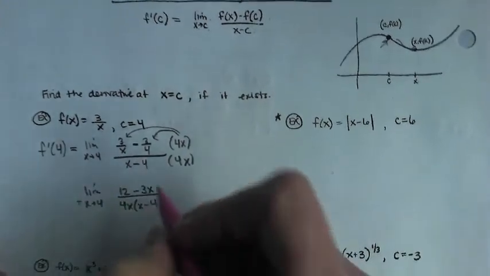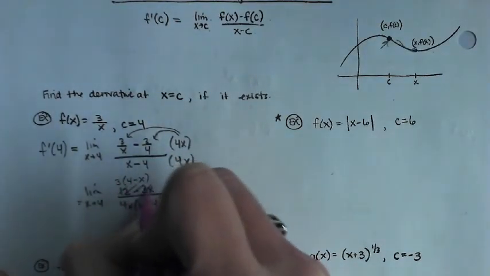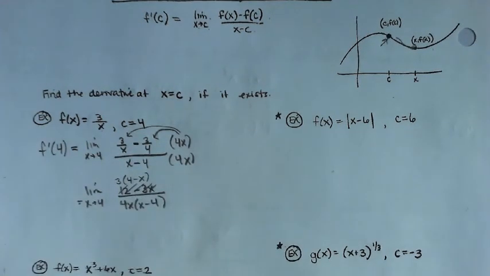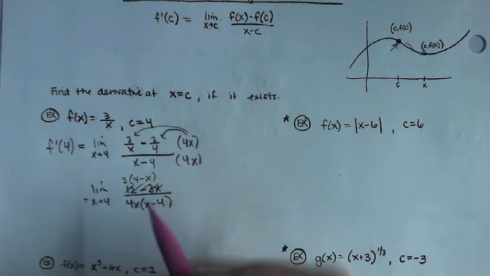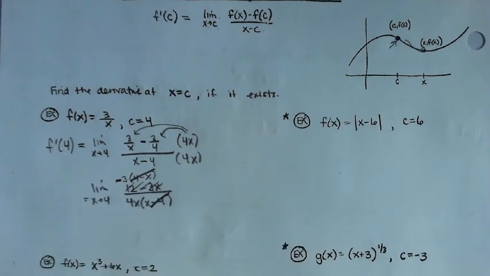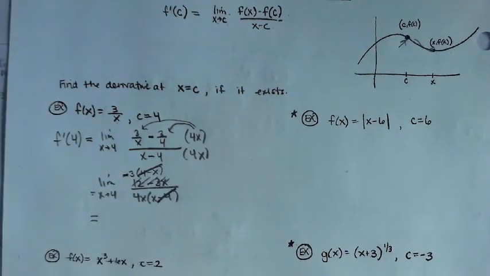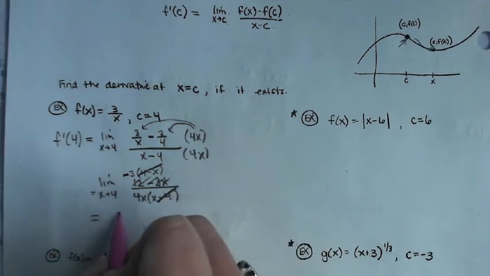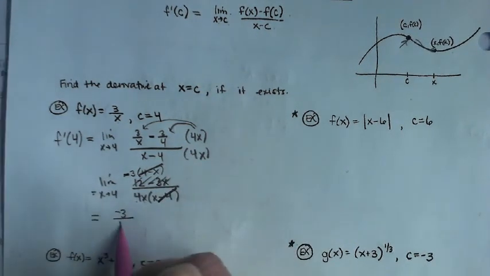I can take a 3 out of it, so it would be 4 minus x instead. And then the 4 minus x and x minus 4 can cancel to make a negative 1, so I'll just throw a negative in front of that 3. And now I can directly evaluate. I can plug in a 4 for the x, and I'll get negative 3 over 4 times 4, which is 16.